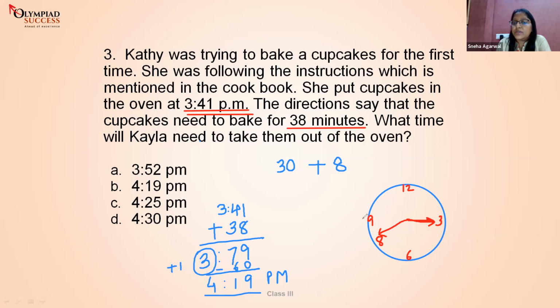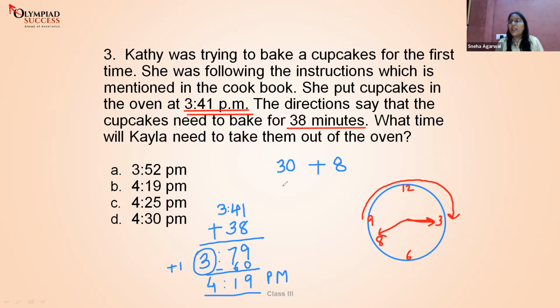So you can just move the clock in the clockwise direction and tell me what will be the timing now. So you can go with 30 minutes plus 8 minutes. So from 3:41, 3:51 will be 10 minutes. And then 4:01 will be 20 minutes, right?